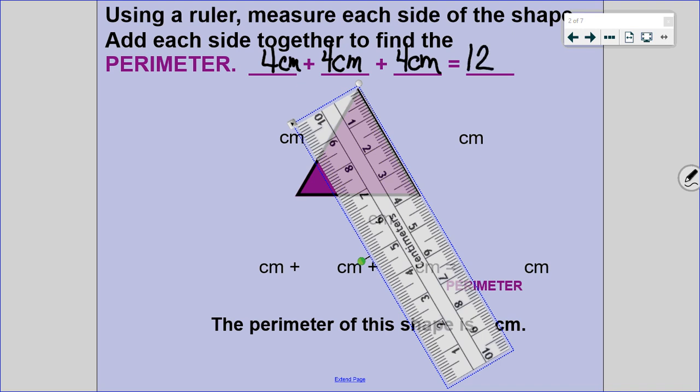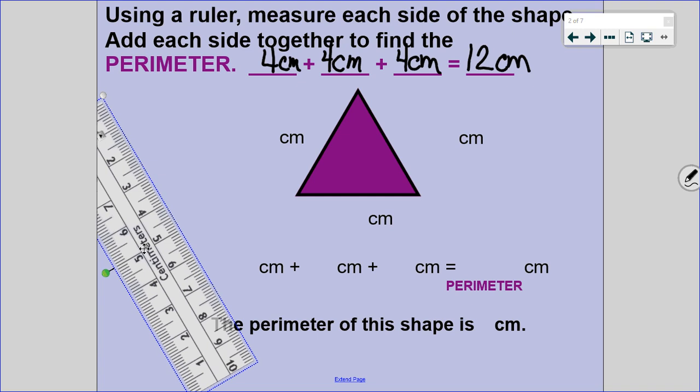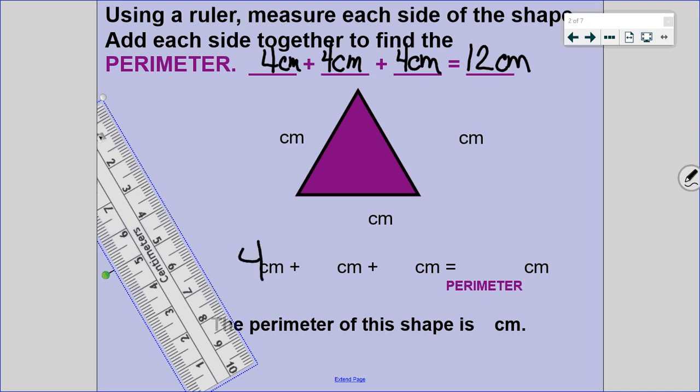My total sum would be 12 centimeters. So I could say 4 centimeters plus 4 centimeters plus 4 centimeters equals 12 centimeters. The perimeter of this shape is 12 centimeters.